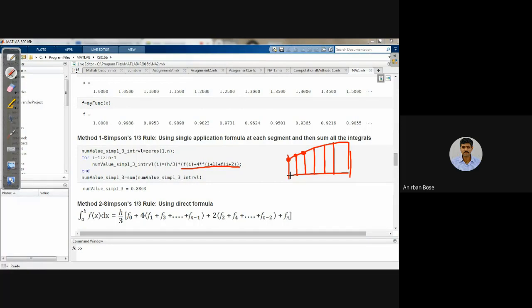When you are considering this as I, that means I is equal to say 1, then it is going to take this functional value, this one, this one, and this one. This is I, this is I plus 1, and this is I plus 2. So these 3 points, it will consider some quadratic polynomial, find out the area, and so on.